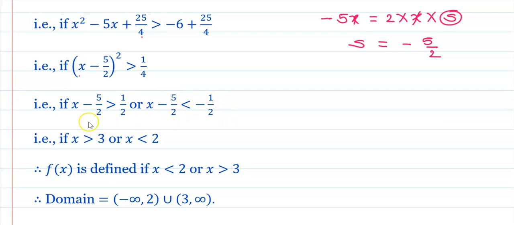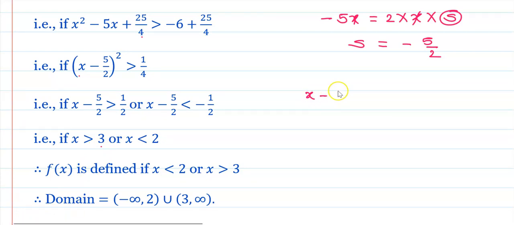Okay. Now this can be simplified. Add plus 5 by 2 on both sides. Then this minus 5 by 2 plus 5 by 2 will get cancelled. And on this side, if we add plus 5 by 2, that is 1 by 2 plus 5 by 2, then you will get 3. I will show here.